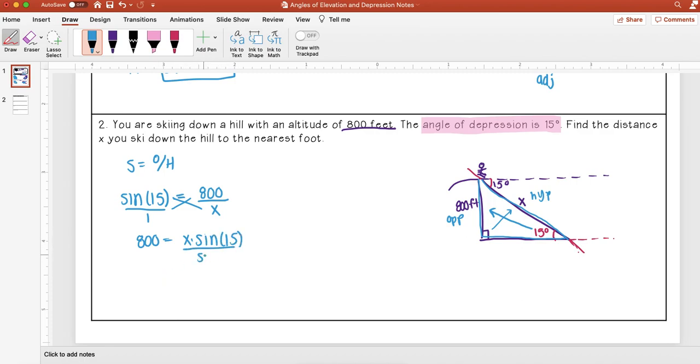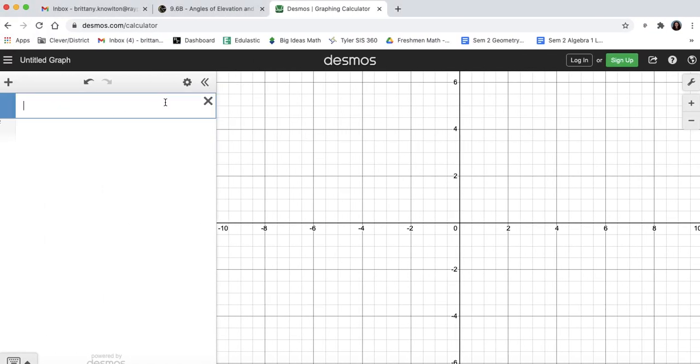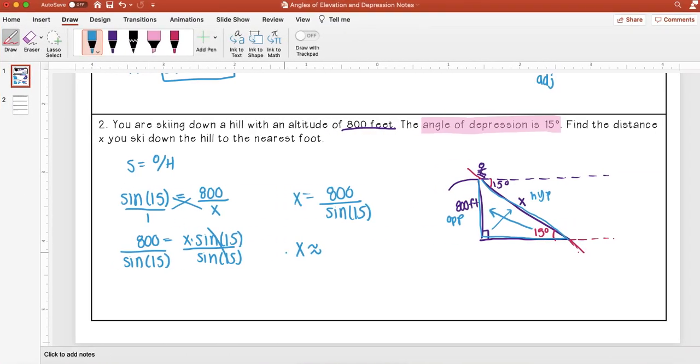I'm going to divide both sides by sine of 15. And so you have that x is equal to 800 divided by sine of 15. And I'll put that into Desmos. So I have 800 divided by sine of 15. And I want to round to the nearest foot, so I'm going to get 3,091 feet.